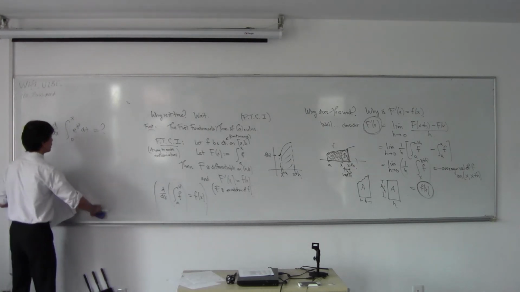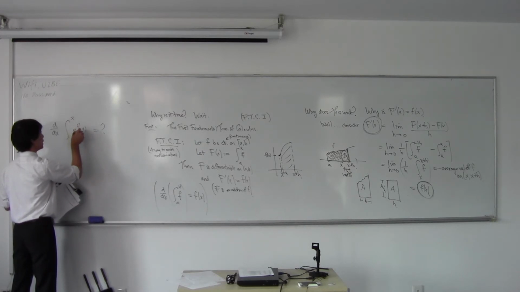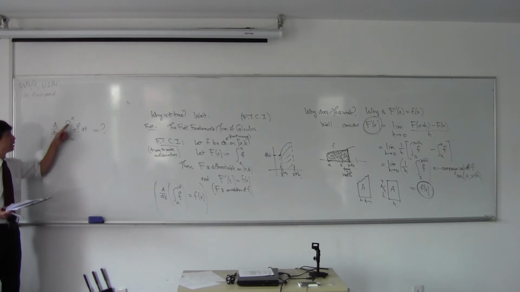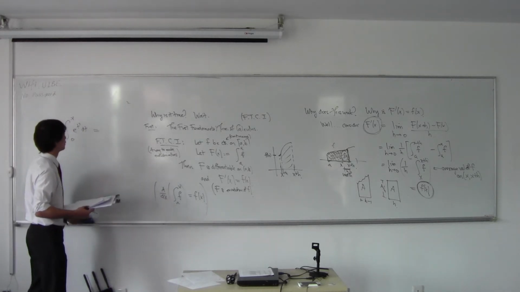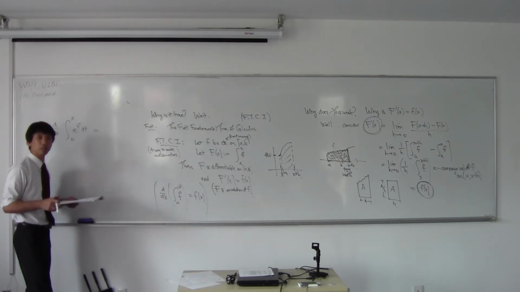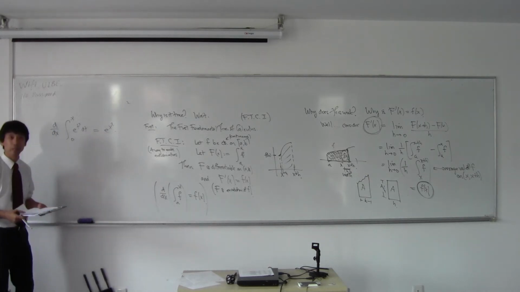This looks kind of scary, but you say, this is just the area guy for e to the x squared. So what's the answer? Go ahead. E to the x squared.